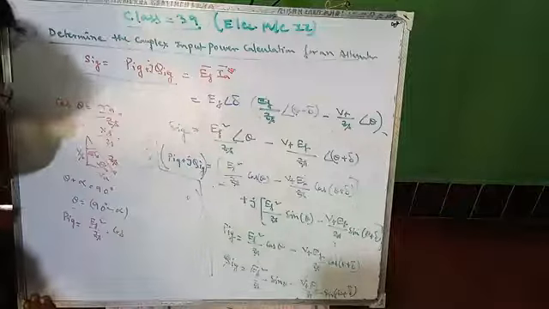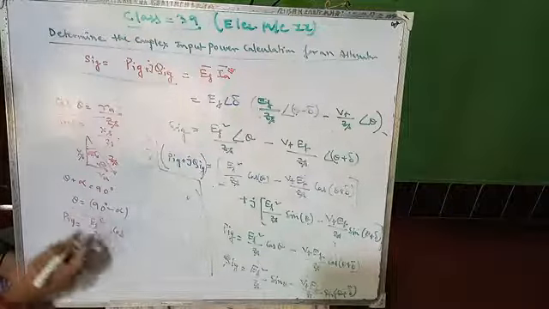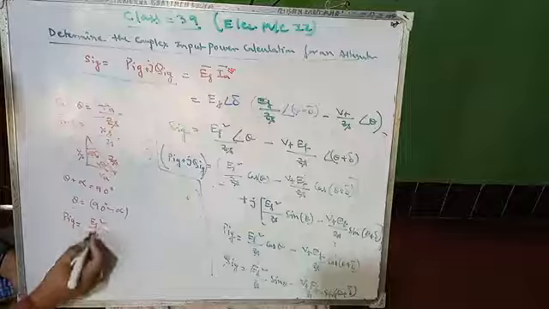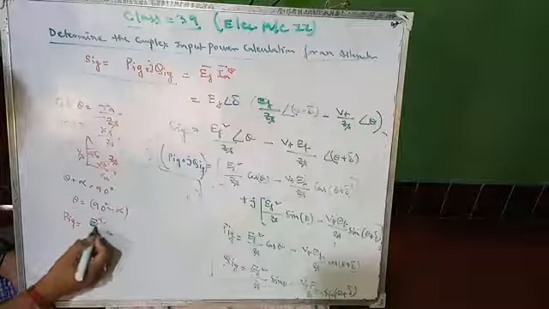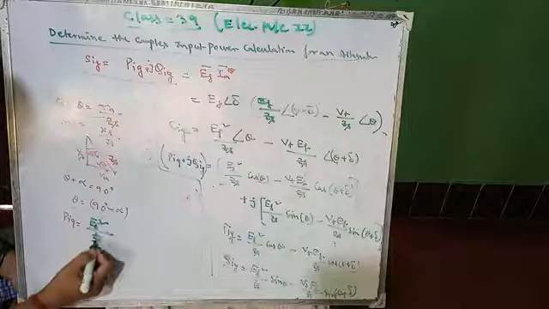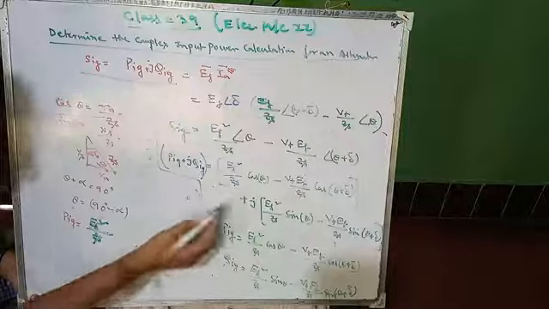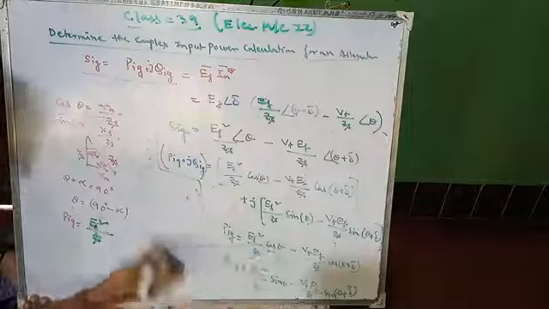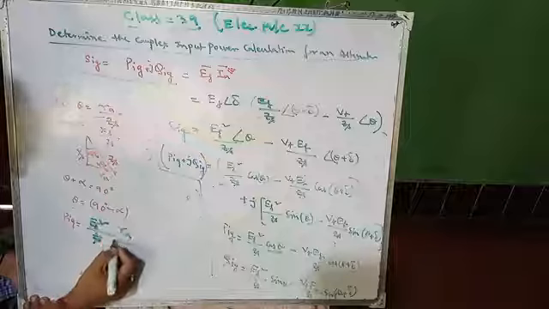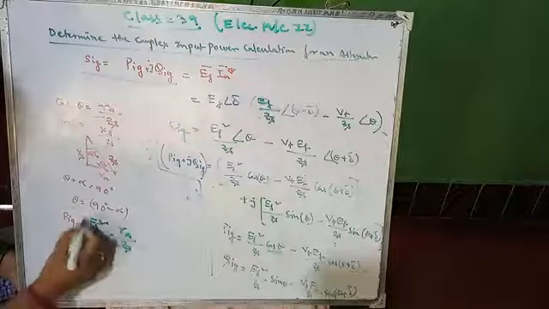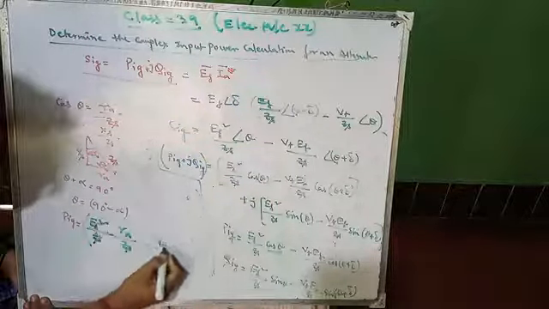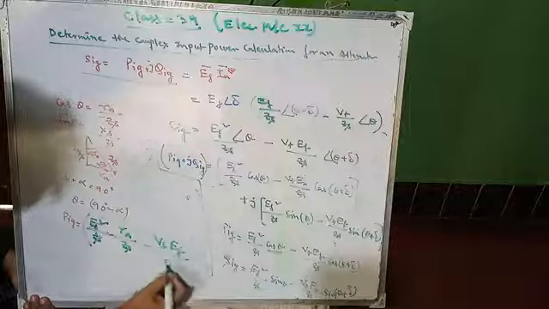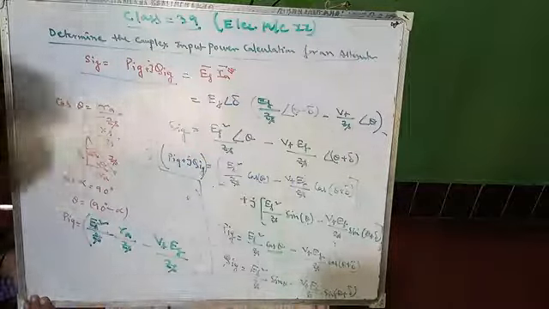So if we express the cos theta part from this concept, then your equation will be EF square by ZS multiplied with cos theta, so RA by ZS, minus VT EF by ZS and cos of theta plus del.